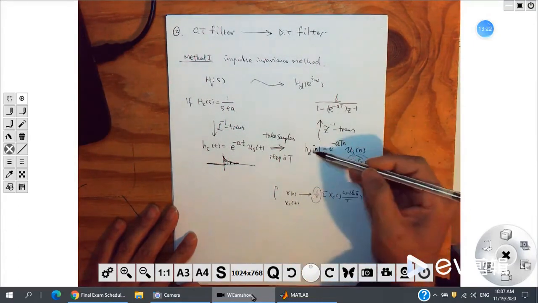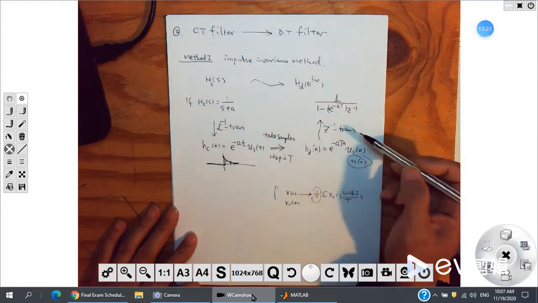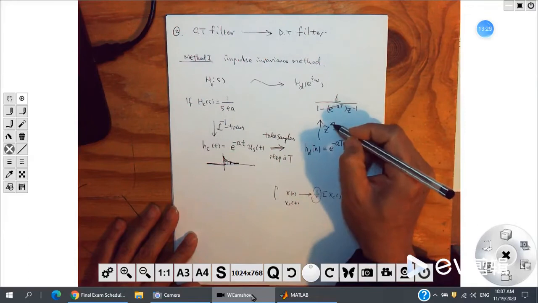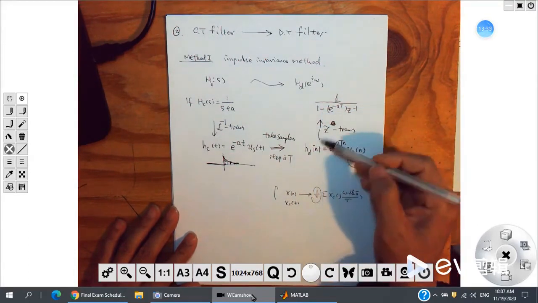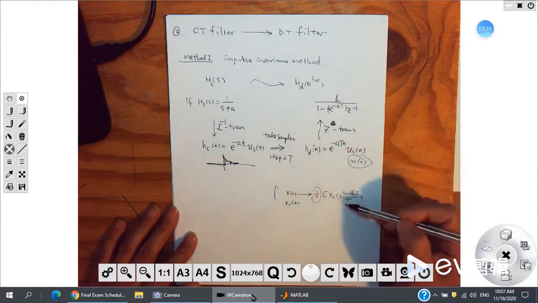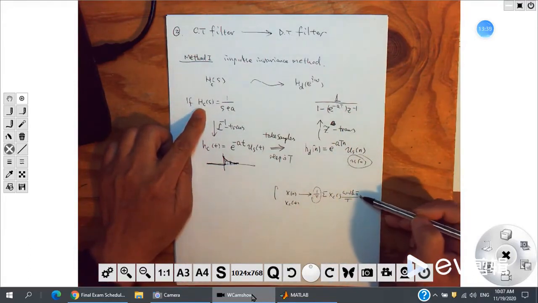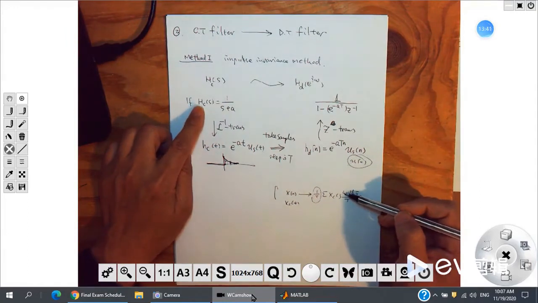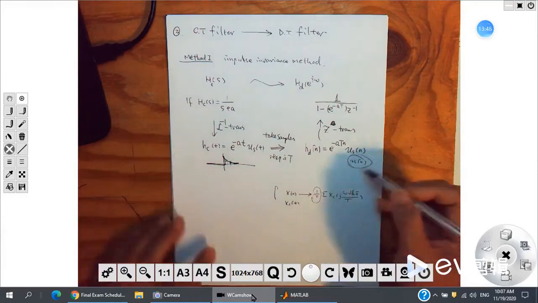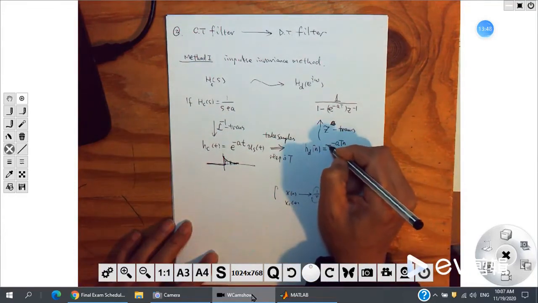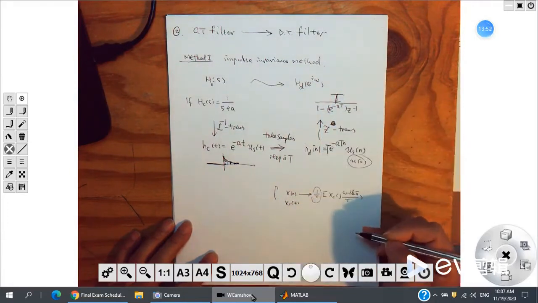If we do the z transform, I'm sorry, the Fourier transform, we will get this in the frequency domain, but divided by T. If I want these two to be the same, then I need to put a T in front of it. Okay, so this is the method.